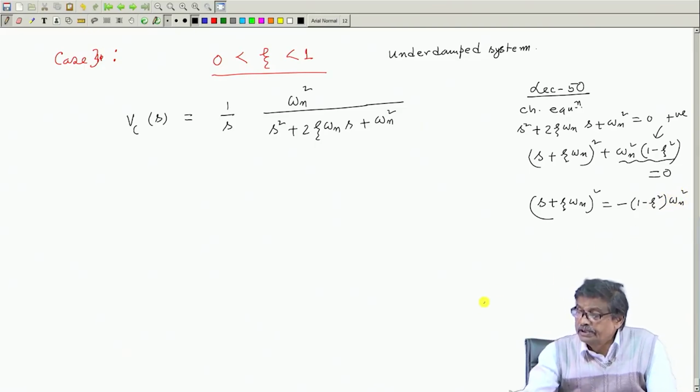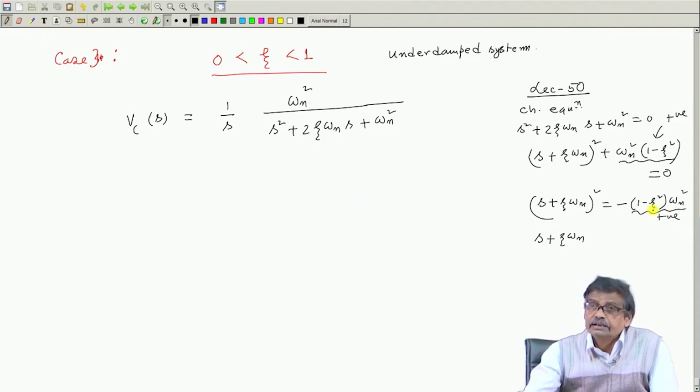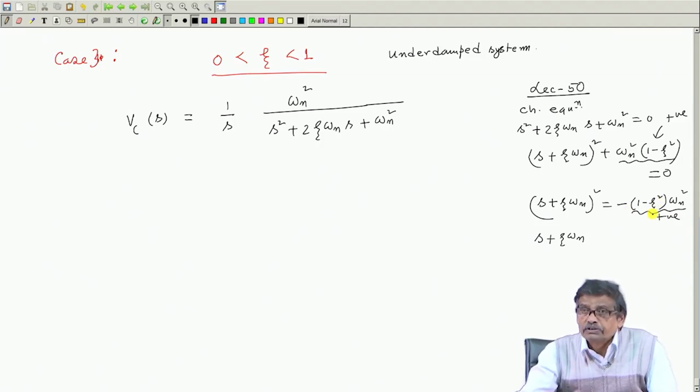To find the roots, I will take the square root of both sides. 1 minus zeta square is always positive because zeta is less than 1.